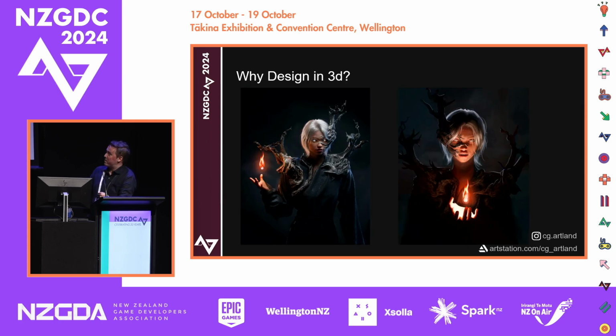And another example to illustrate the strengths of working in 3D. So on the left here, sorry, is that your right or left? This is a diagnostic clear shot where you can see the character fully. A lot of times you do a front view or a 3/4 view just to show all the information.